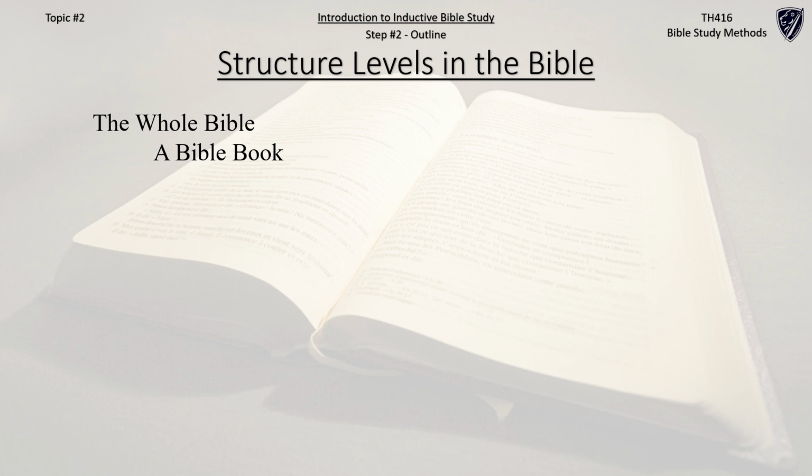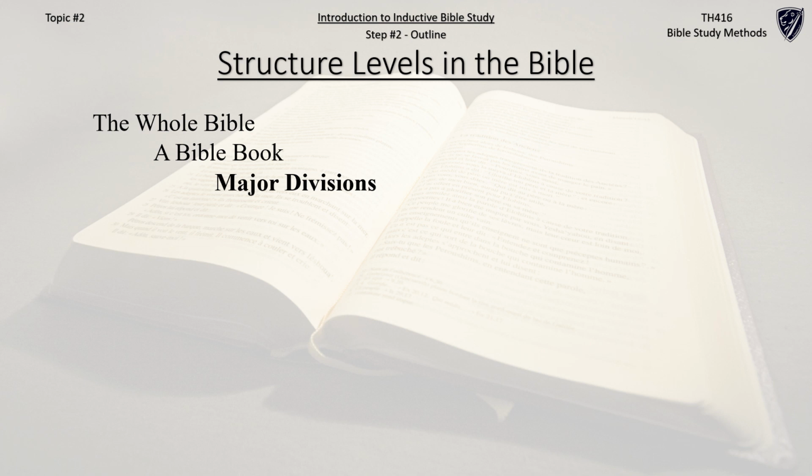But if we're going to add in our outline levels, the next one below a book would be major divisions. And so major divisions, this is kind of an arbitrary term that we've invented, but it's hopefully pretty transparent to what it's talking about, that it's talking about major pieces in a book. Portions that are just, you can tell it's just a big portion of the book is dedicated to this topic, and another portion is dedicated to this topic.